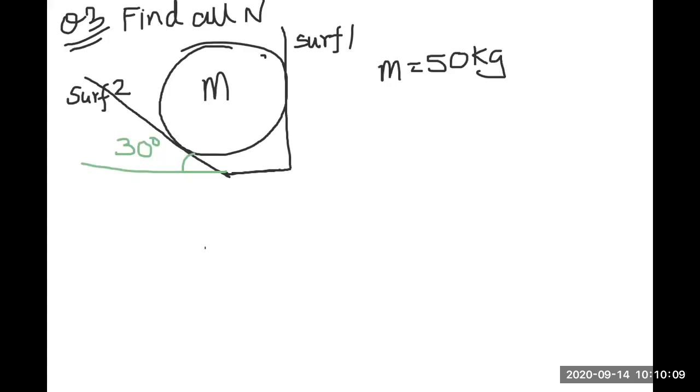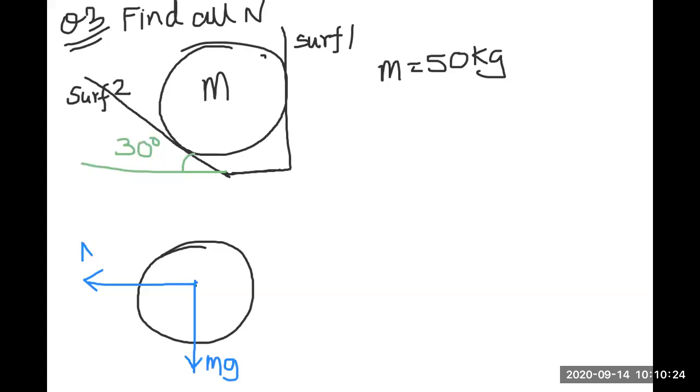Step number 1, draw the FBD, object without any surrounding, force on it due to the earth, force on it due to surface 1, force on it due to surface 2. Right? 3 objects हैं surrounding में, earth, surface 1, surface 2. तो हमारे FBD पे 3 forces बननी चाहिए.